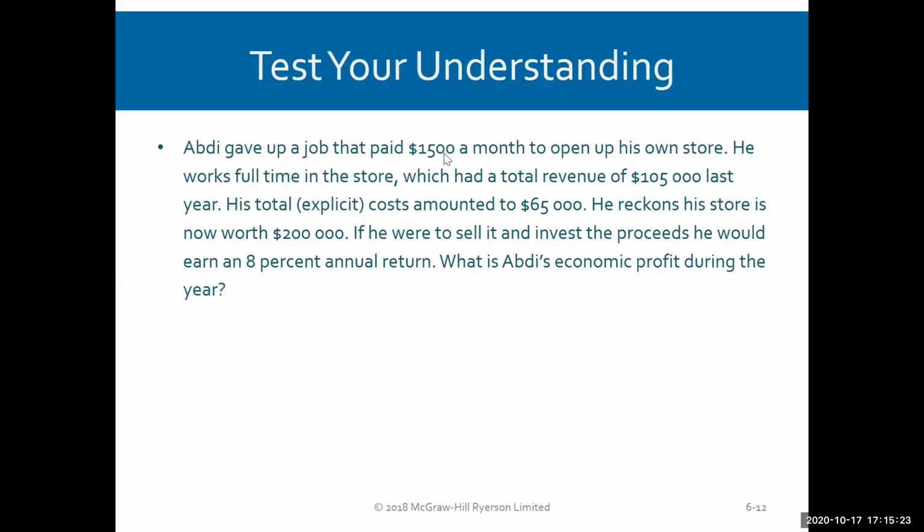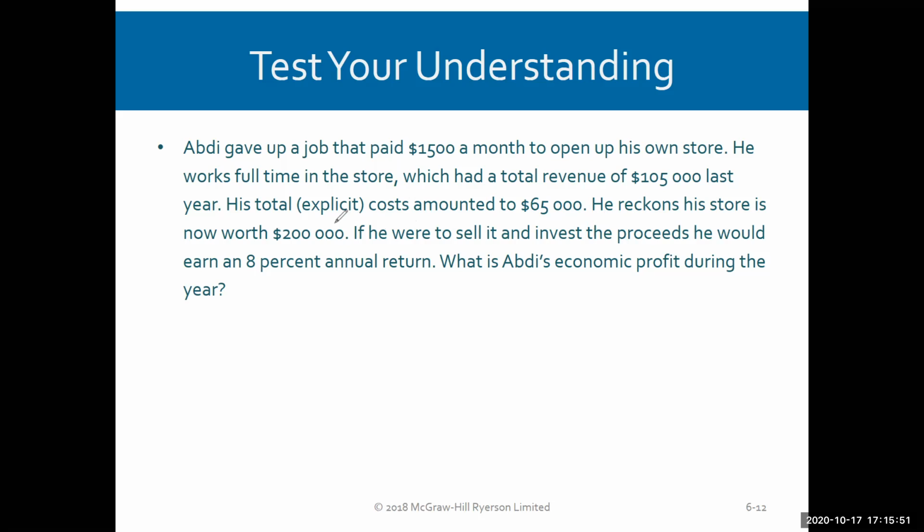So lastly, let's walk through an example. Abdi gave up a job that paid $1,500 a month. So start thinking, gave up a job, sounds like an opportunity cost to me, an implicit cost. He gave up $1,500 a month to open up his own store. He works full-time at the store and doesn't pay himself, and the store had a total revenue of $105,000 last year.